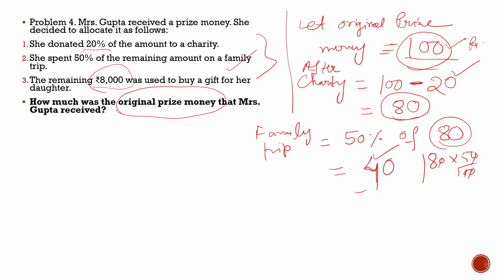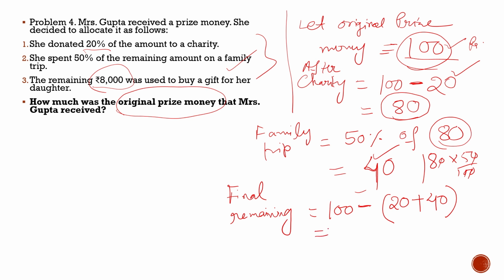Now what is the final remaining amount? The final remaining amount is 100, because 100 is her total prize money, minus 20 she has initially spent for charity, and after that 40 she has spent for the family trip.